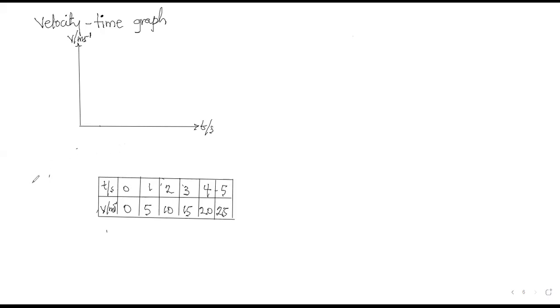When we plot, this is time 1, 2, 3, 4, 5, 6. Then the velocity, this is 5, 10, 15, 20, 25.